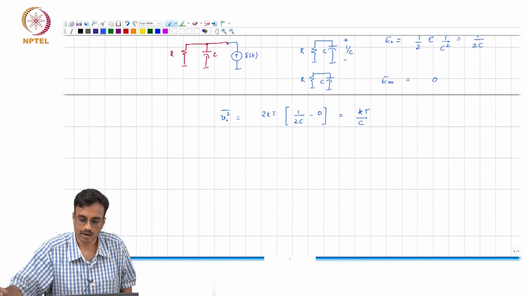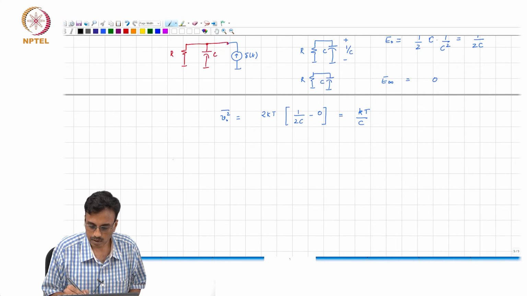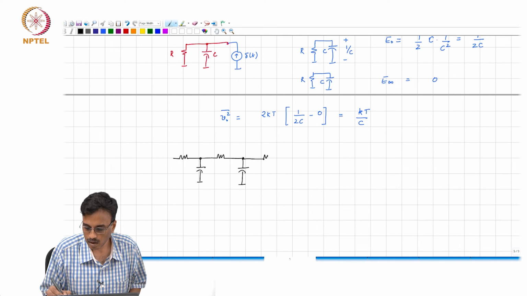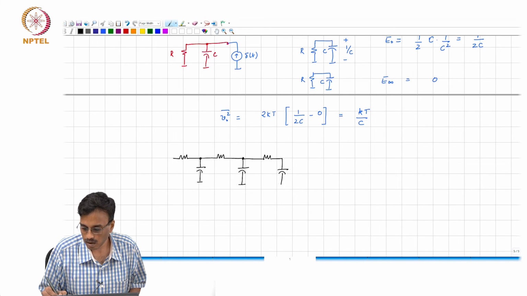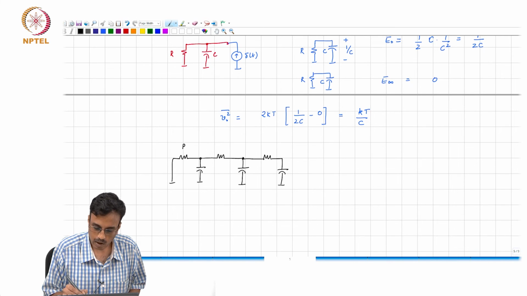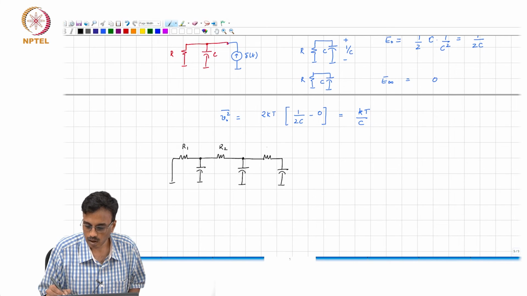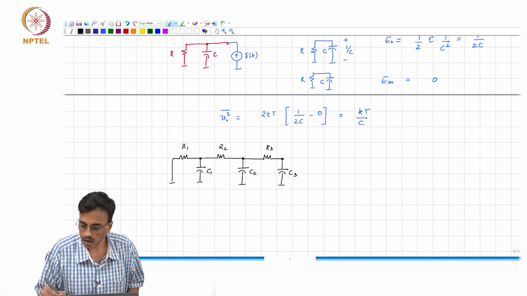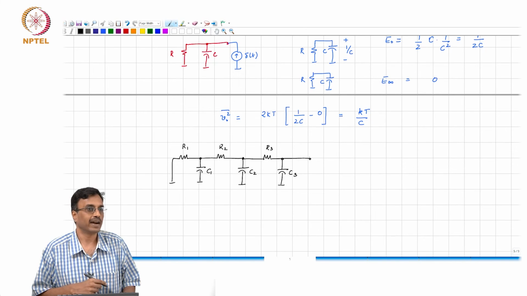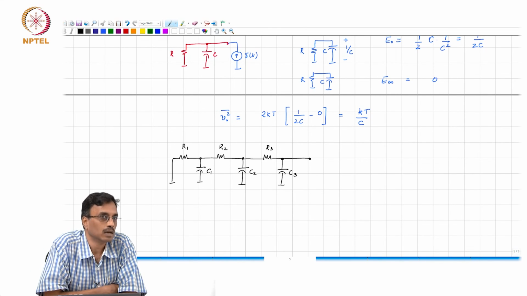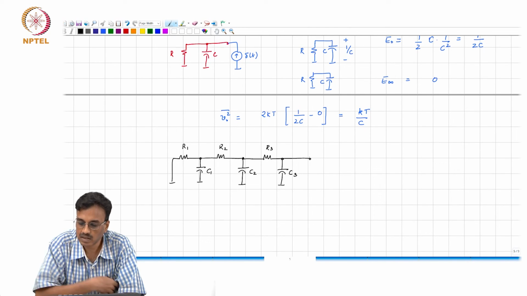Now, let us try a less trivial example. So, this is R1, R2, R3, C1, C2, C3, and we are interested in finding the mean square noise across, say, C3.